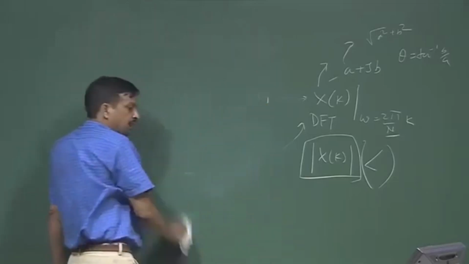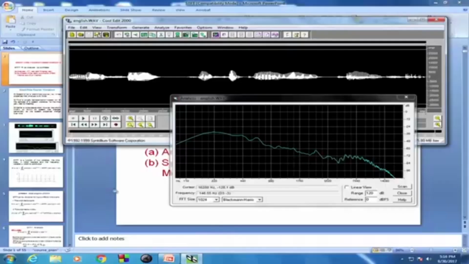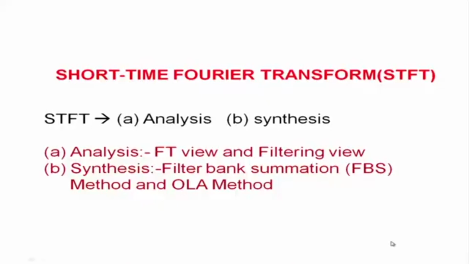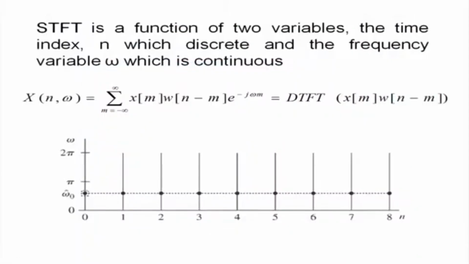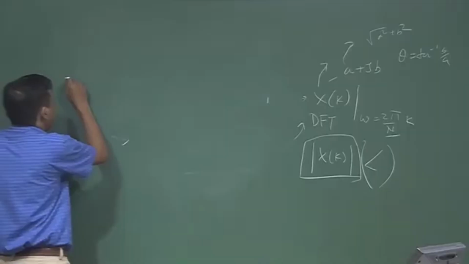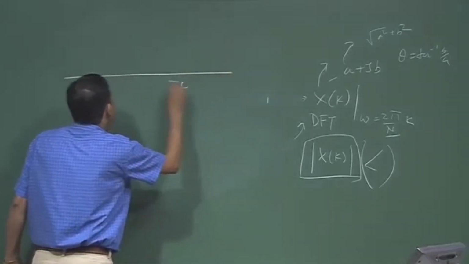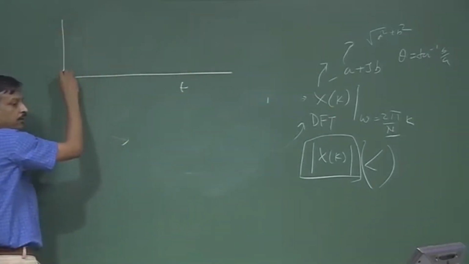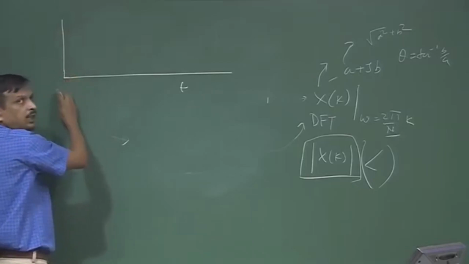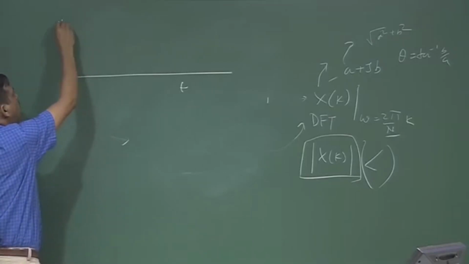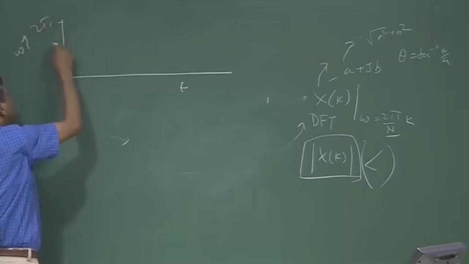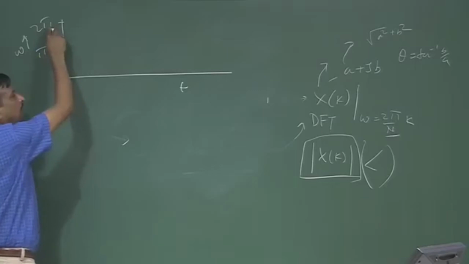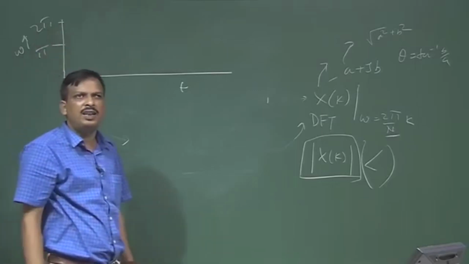Now, the next topic. So, what I am doing: this is the time scale, and this is my frequency scale. What is the maximum frequency if I normalize it in the discrete way? This is the omega scale, and 2 pi is the maximum baseband.